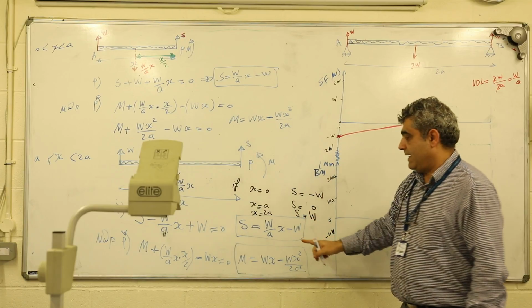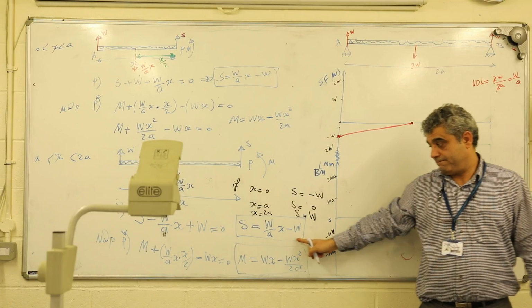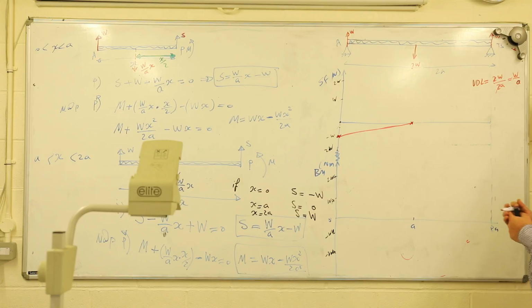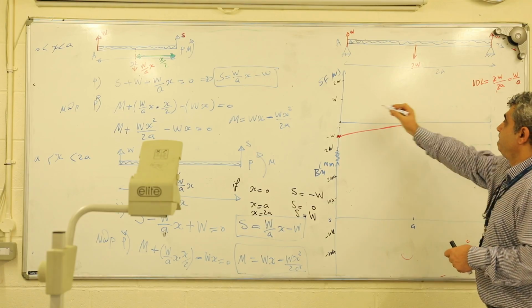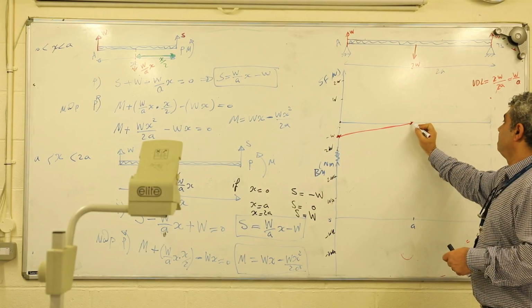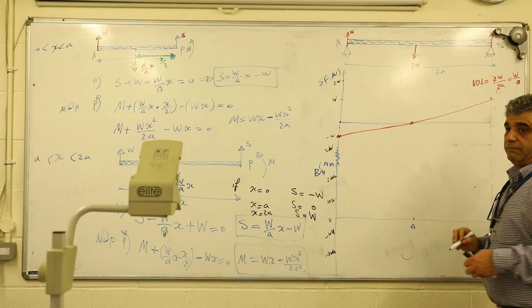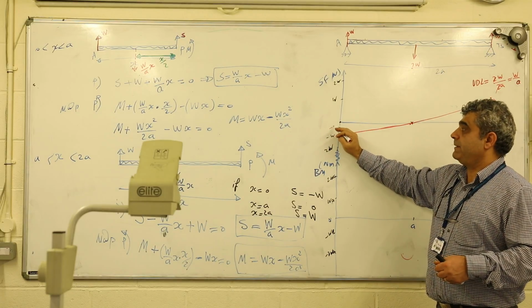And you can see here, this is the equation of a straight line. And when the x is equal to 2a, you're going to get W. So that's going to be from here to here W, from here to here minus W, yeah?